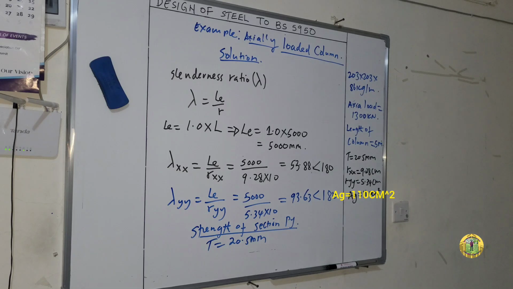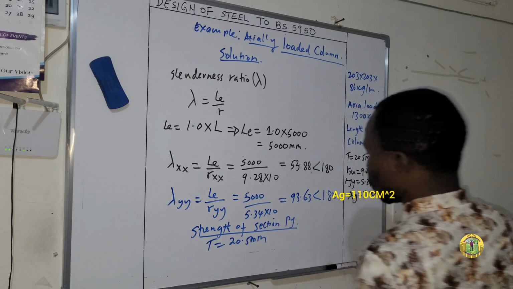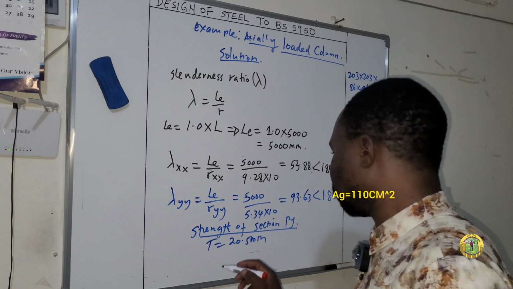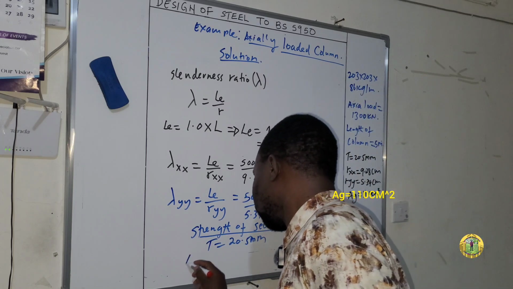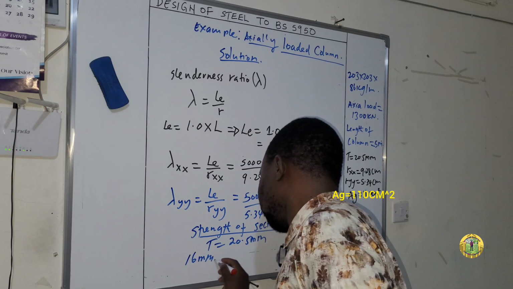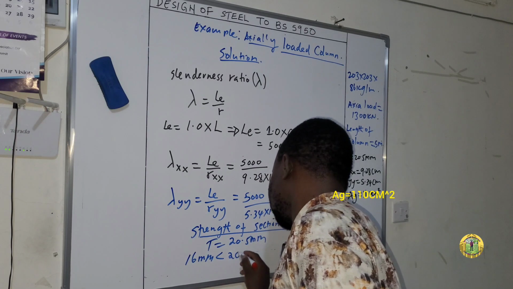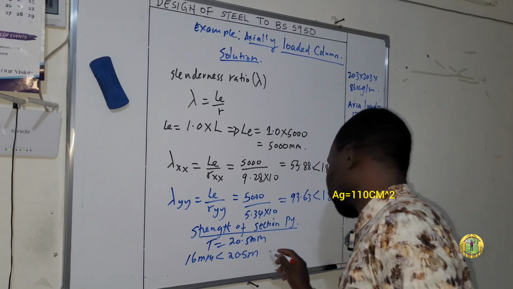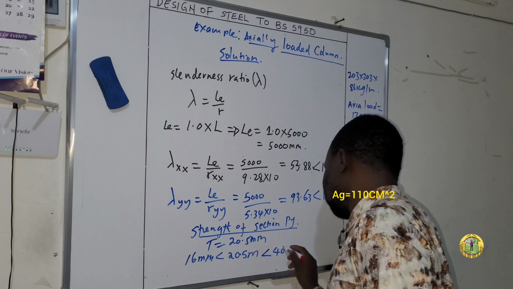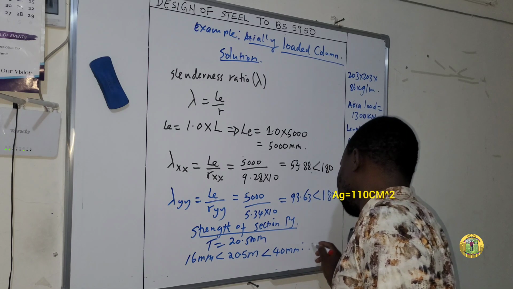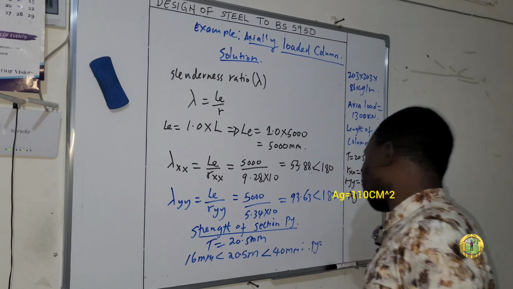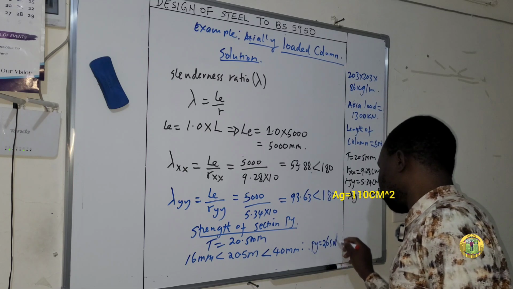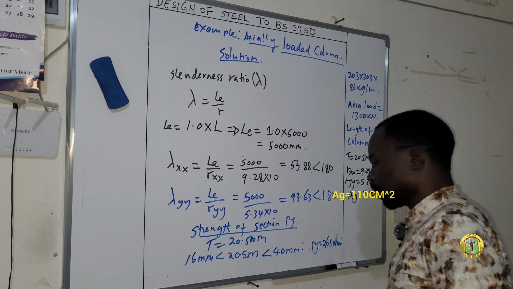As you can see, this T is above 16 millimeter, so 16 is less than 20.5 millimeter, but 20.5 is less than 40 millimeter.